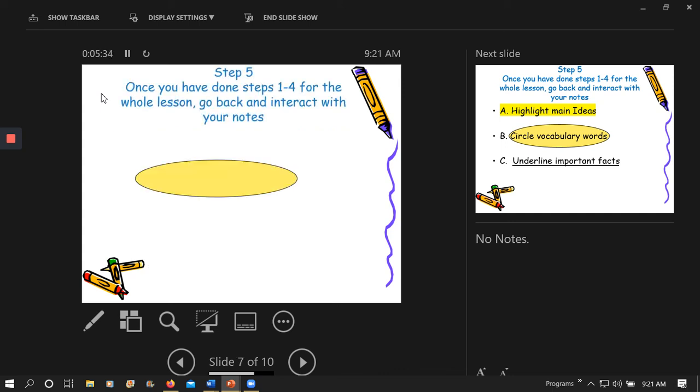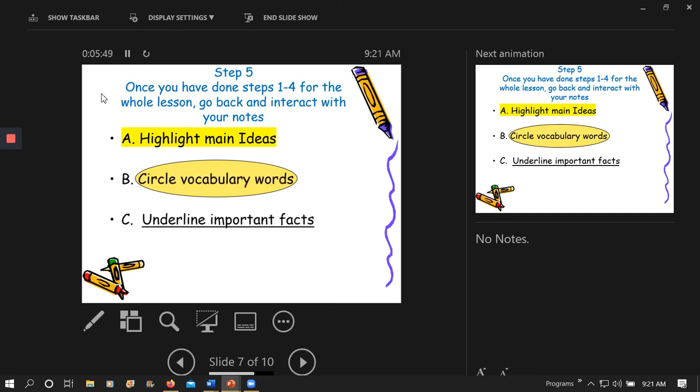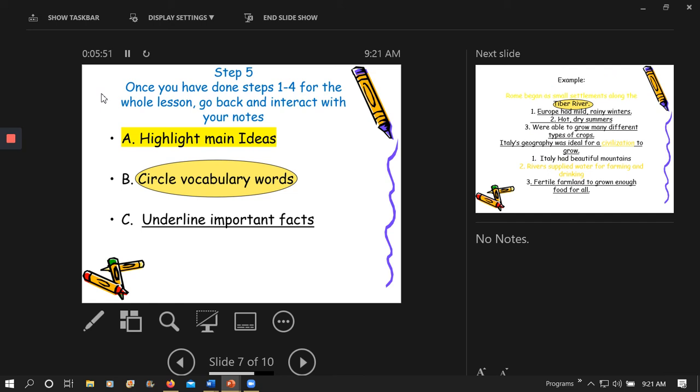Step 5, once you've done steps 1 through 4 for the whole lesson, then you go back and interact with your notes. For example, you highlight the main ideas. Circle vocabulary words. Underline important facts. Okay? And this is what I suggest just to make it easier.